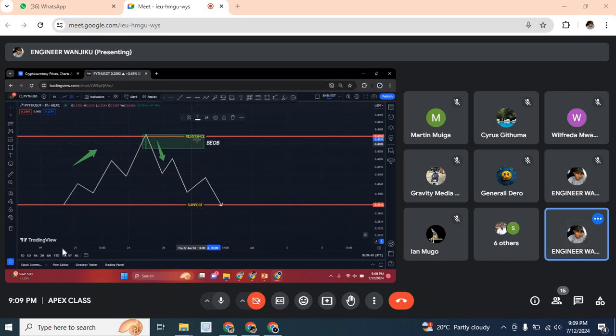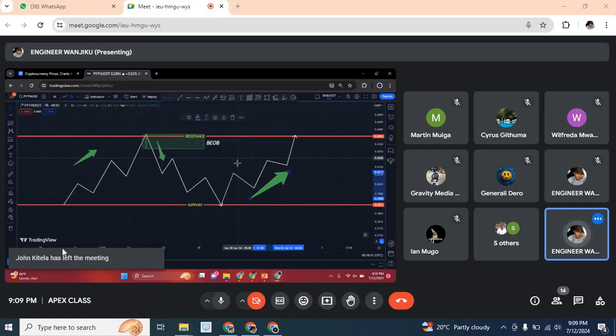Describing the same, then from a support level, remember this is the support level. We describe the support level as the zone at which we expect a downtrend, this downtrend right here, to come to an end, or a zone at which you expect to experience a buying pressure.